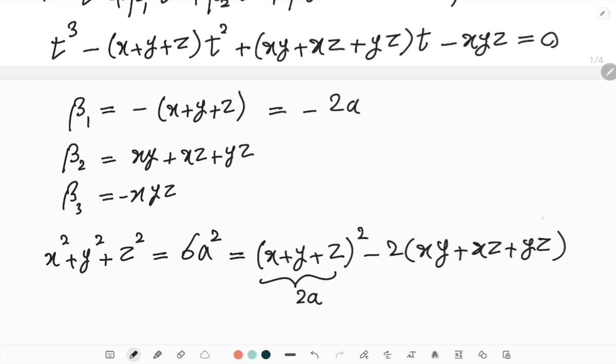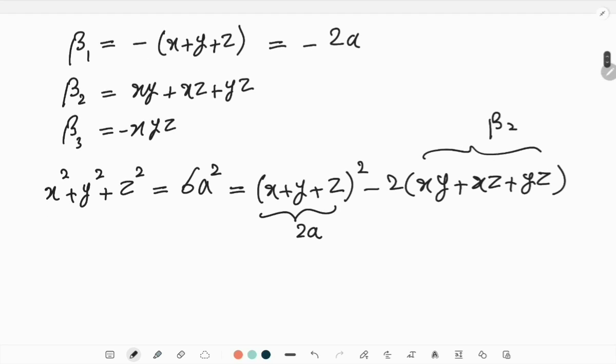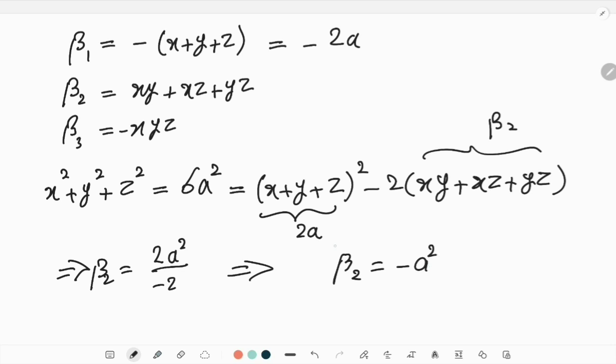And this is, as a matter of fact, beta 2. So then I can take these to the other side, and I can say beta 2 must be equal to 2a² divided by minus 2. And as a matter of fact, beta 2 must be minus a². Okay, so I found beta 2.